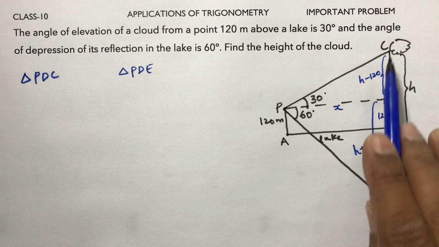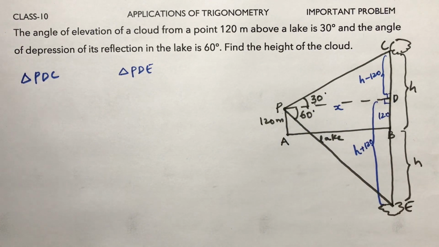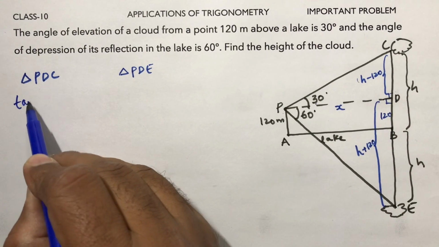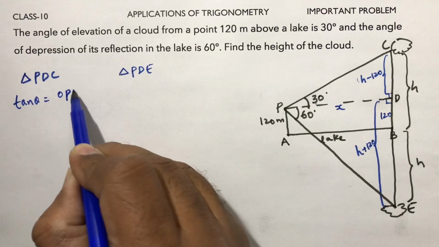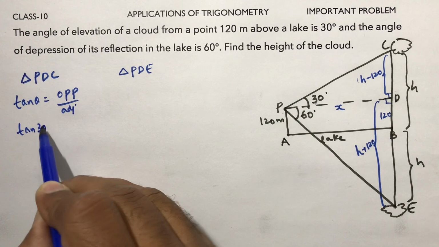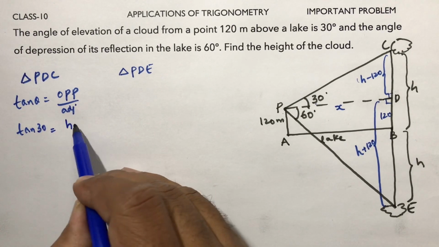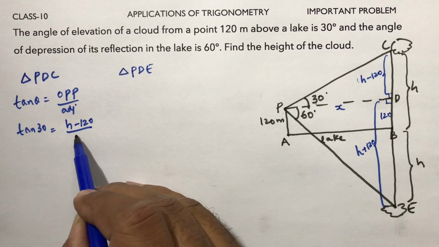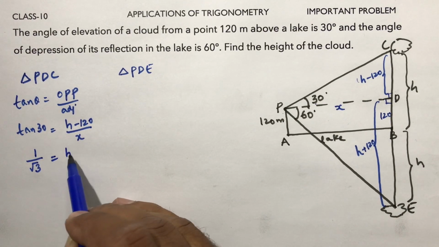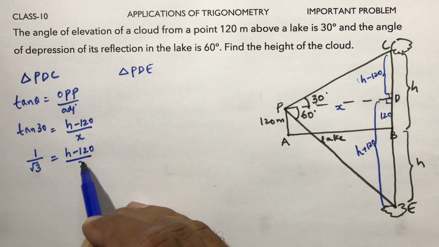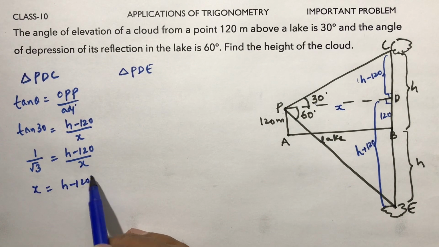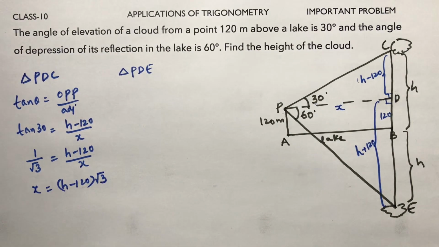Now in triangle PDC, theta is here. Opposite and adjacent we have, so we use tan theta is opposite by adjacent. Tan 30 equals opposite H minus 120 by X. Tan 30 value is 1 by root 3, equals H minus 120 by X. If you cross multiply, X equals (H minus 120) into root 3.